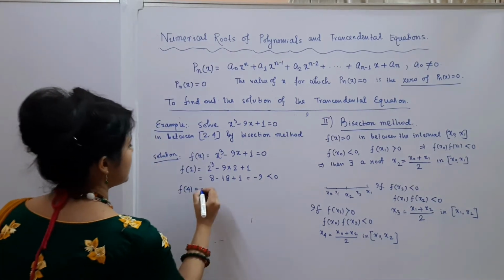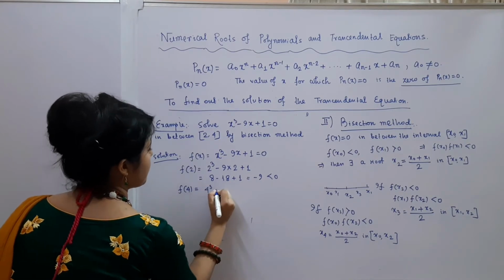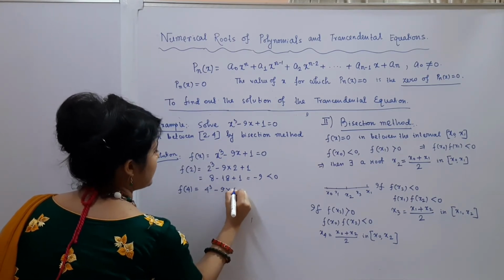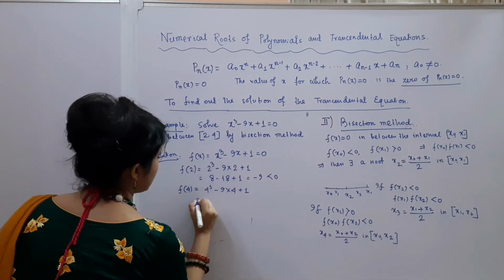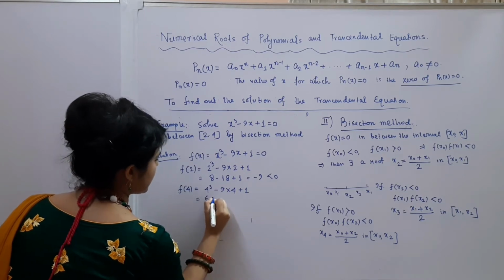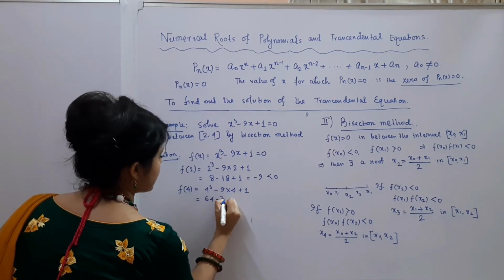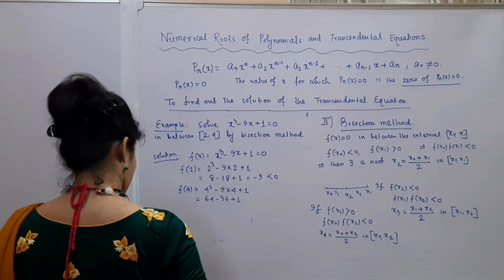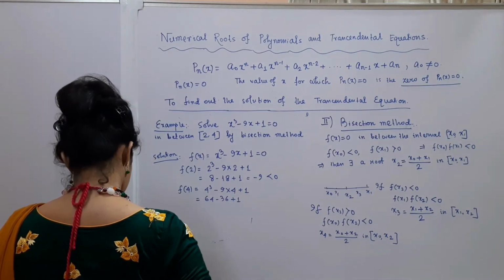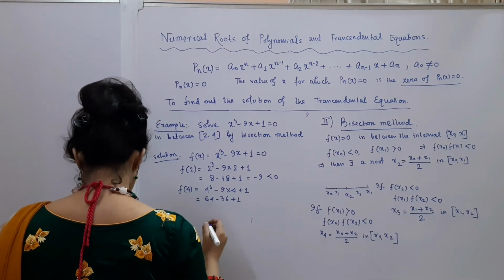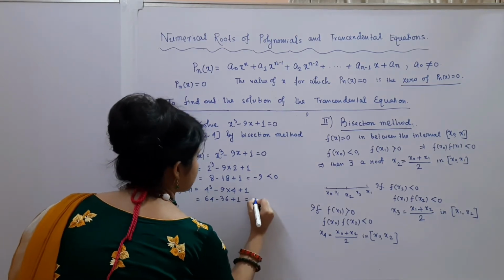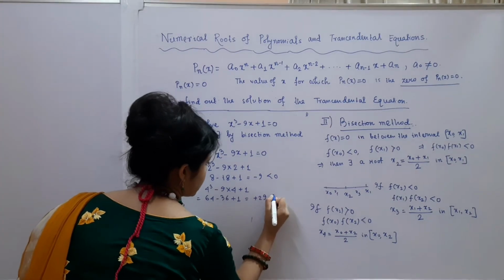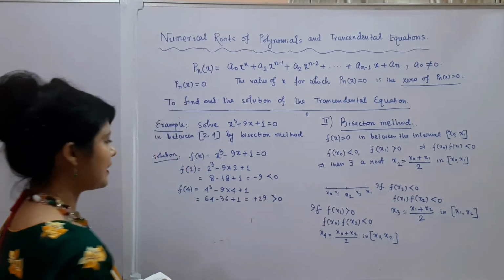And what is f of 4? The f of 4 is 4 cube minus 9 into 4 plus 1. So that will give you 64 minus 36 plus 1. So 65 minus 36, and this will give you 29. And this will give you plus 29 obviously, and this is obviously greater than 0.